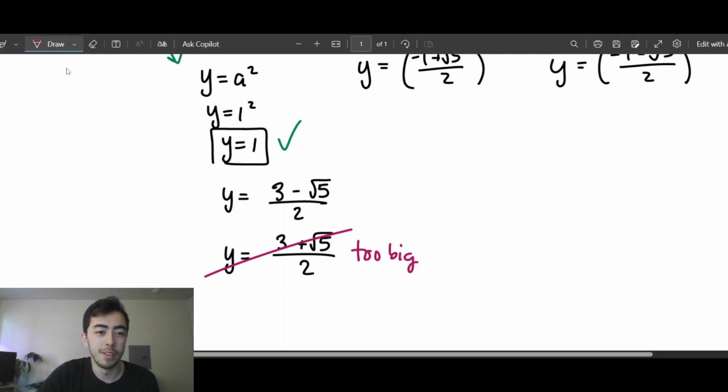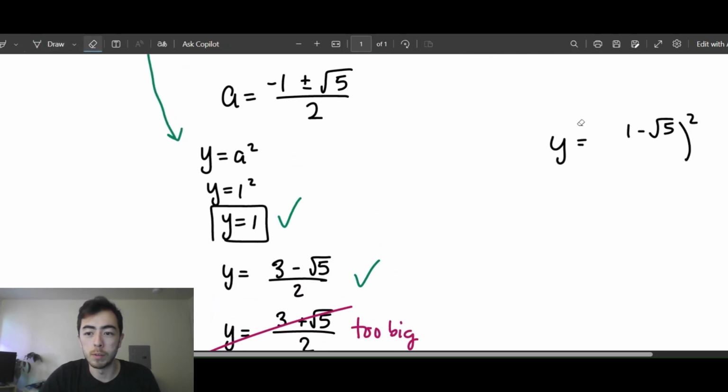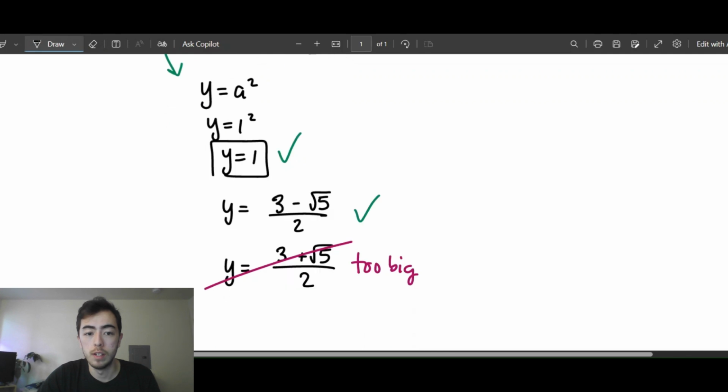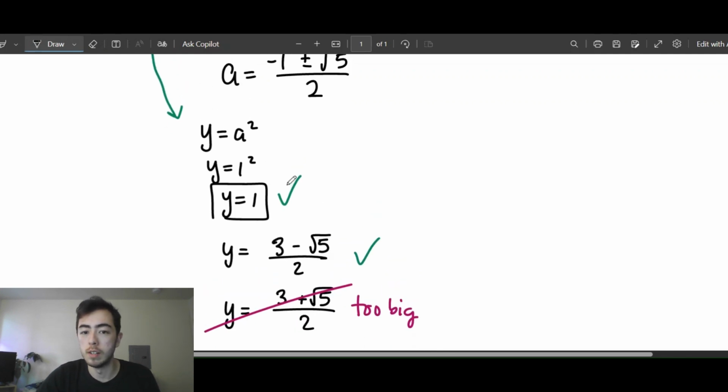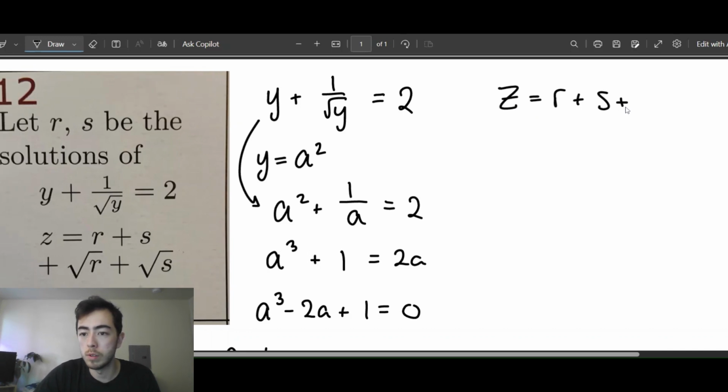And I'm going to assume here that this is the correct value. So one of these is R and one of these is S. So let me just make a little bit of room here. And maybe we could try plugging those in. Let's just say R is 1. And so Z is going to be equal to R plus S plus root R plus root S. And I said, let's just say R is 1.